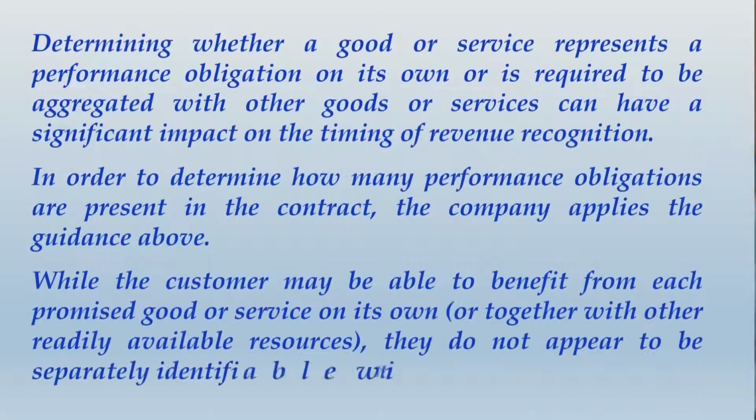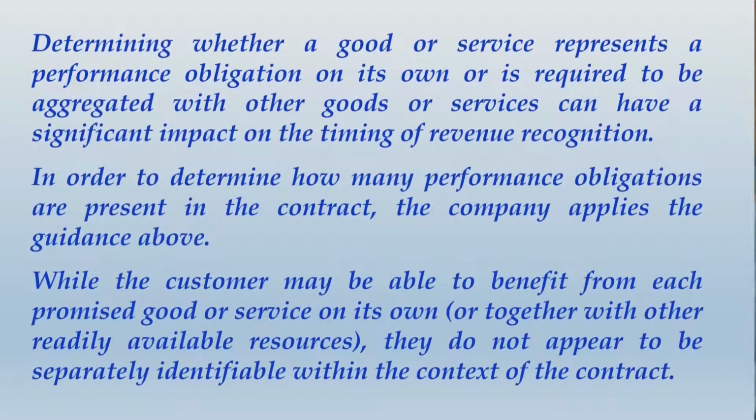While the customer may be able to benefit from each promised good or service on its own or together with other readily available resources, they do not appear to be separately identifiable within the context of the contract. So before we write up the later part of the answer, first finish writing this whole thing quickly.